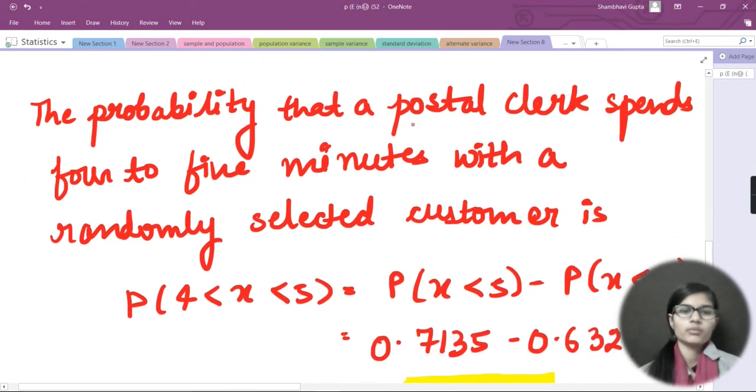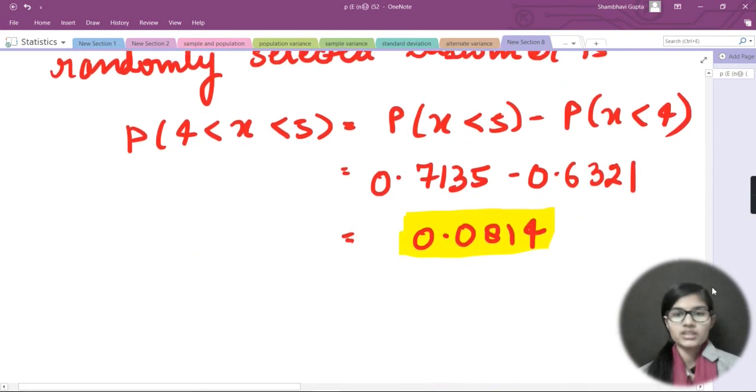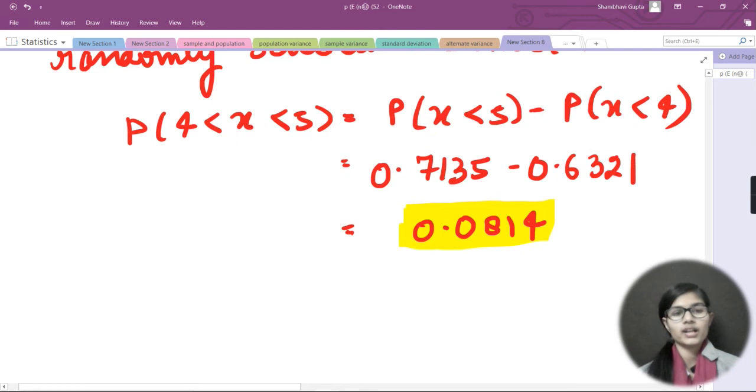Now what I wrote here: the probability that a postal clerk spends 4 to 5 minutes with a randomly selected customer. I'm finding that final probability here. I wrote the probability of 4 less than x and x less than 5.